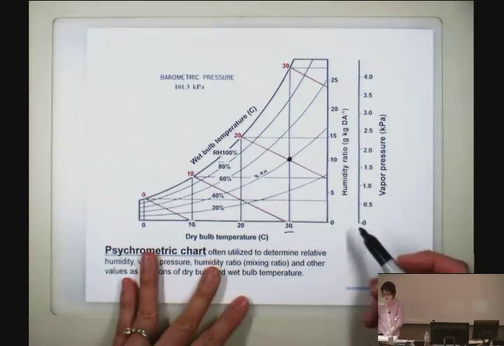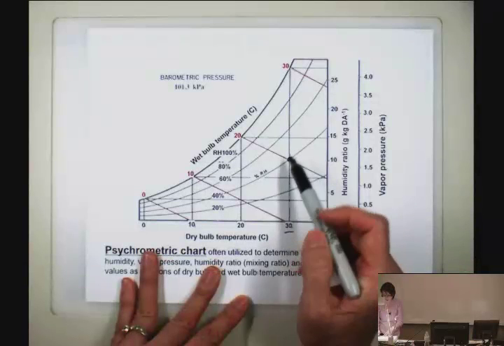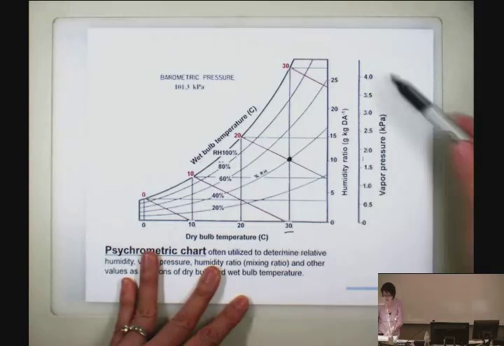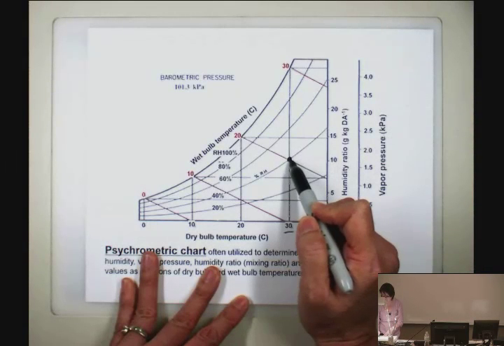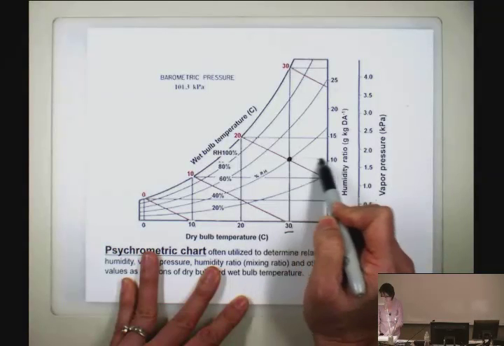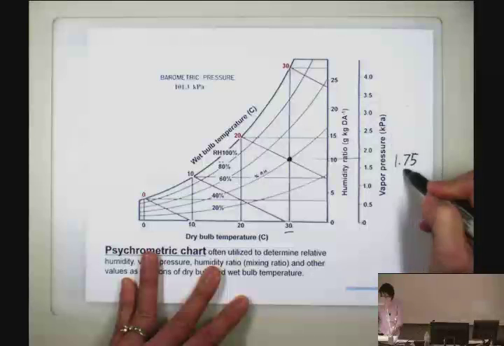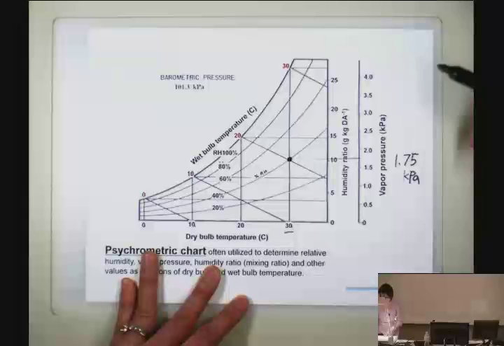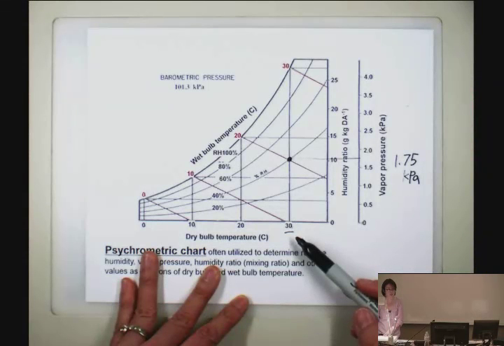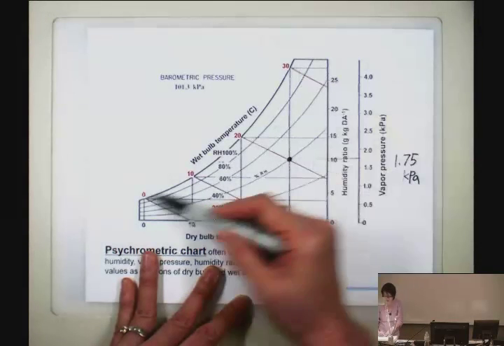And then I can find the vapor pressure at 40%, 30 degrees C. You can read this vertical axis, and you see it's about 1.75 kilopascal, all right? And then what is the saturation vapor pressure at 30 degrees C? The same way, just look at the 100% line.